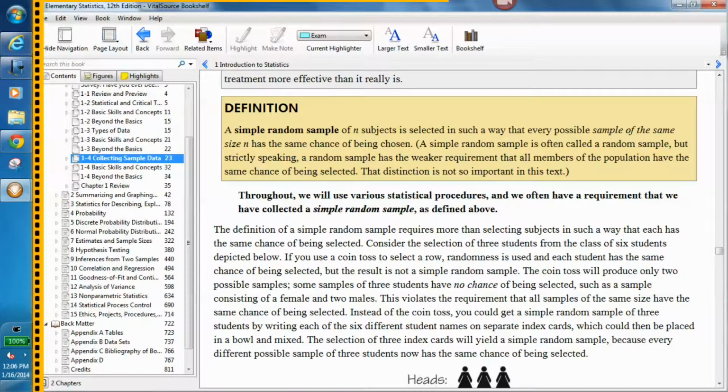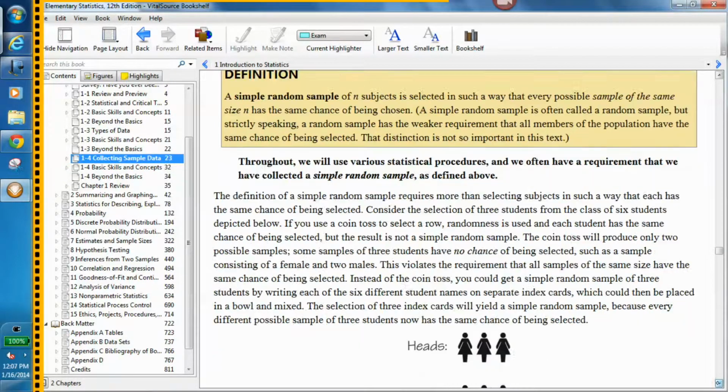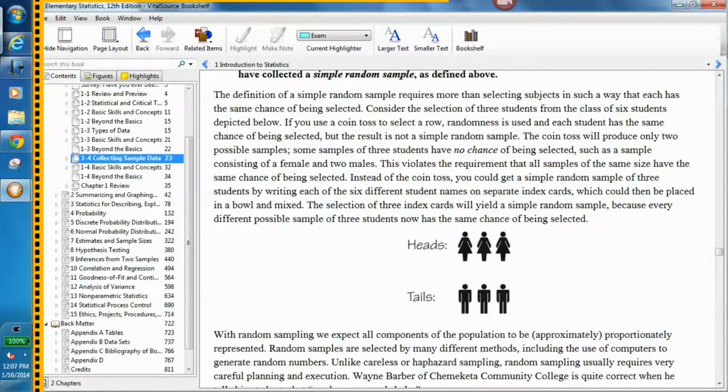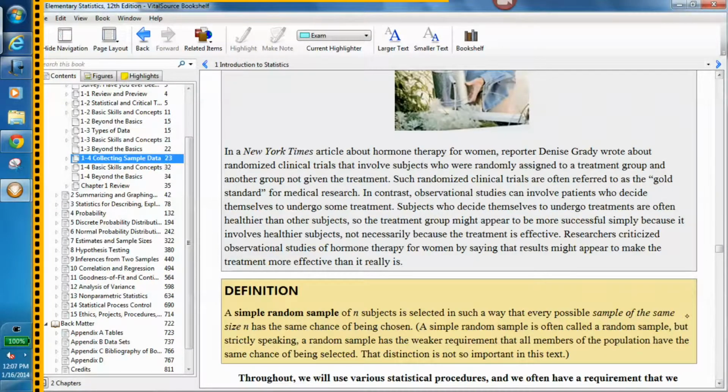Your book goes on to say, throughout we will use various statistical procedures, and we often have a requirement that we have collected a simple random sample. Every possible sample of the same size n, so it doesn't matter what the size is, every sample that you choose has the same chance of being chosen.